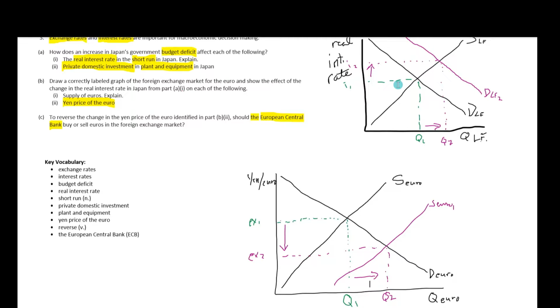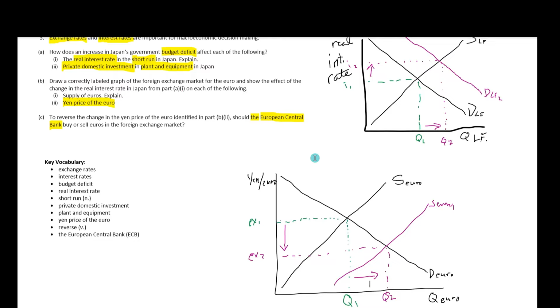And those are some key terms that you might want to learn from the key vocabulary. Reverse here, just to go back and look at the vocabulary, I don't think I mentioned that word. Reverse means to return to the original position, okay? And that shows up in part C. So I hope that was useful. If you have trouble with any of this, go back and review those relevant sections of your course.